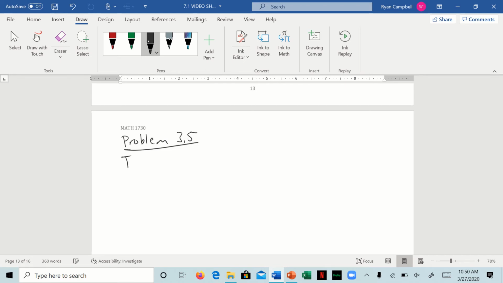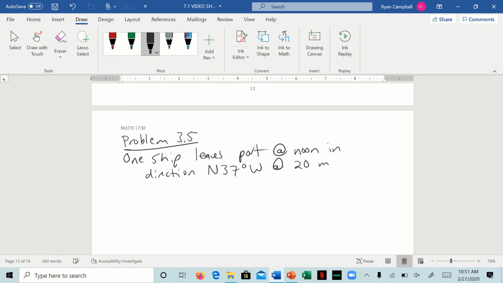Okay, so let's say two ships. We'll even go a little harder. One ship leaves port at noon in the direction north 37 degrees west at 20 miles per hour.